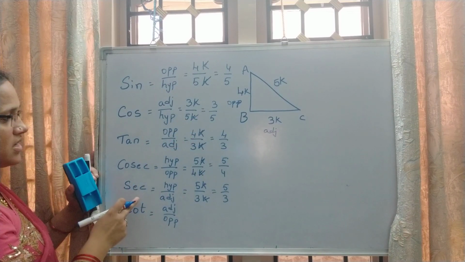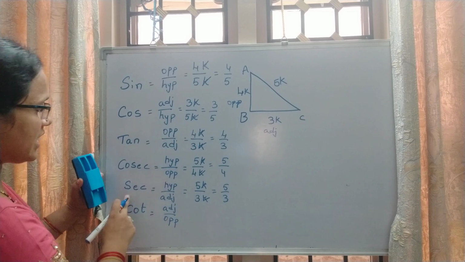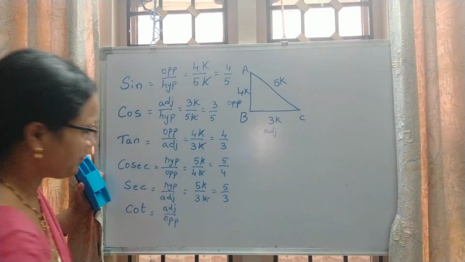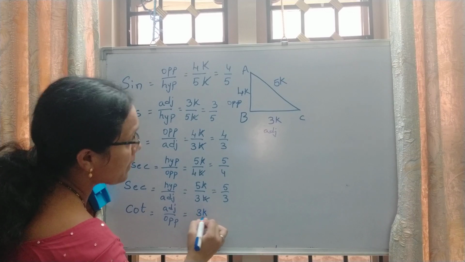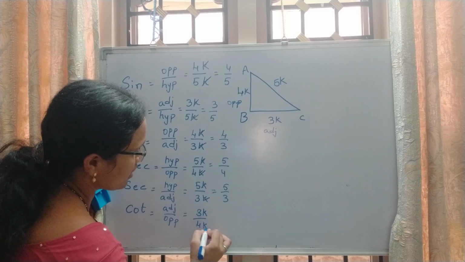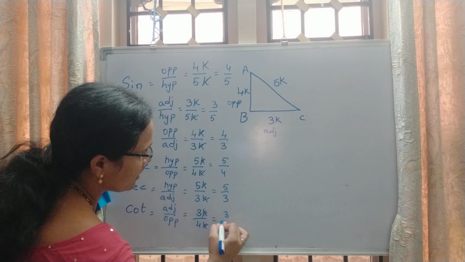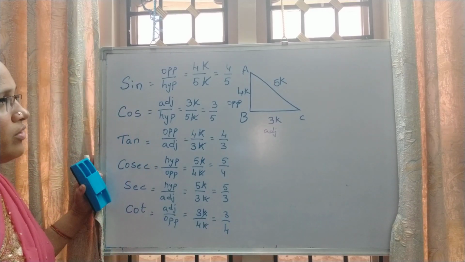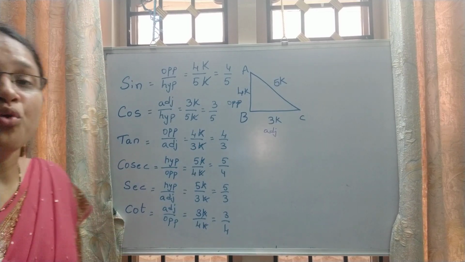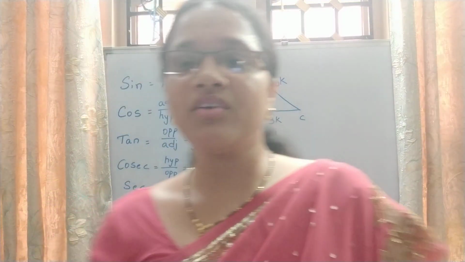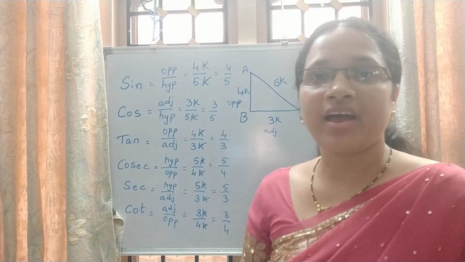Yes. So secant is the reciprocal of cos. Next, coming to the cot. 3k by 4k. If you cancel them, you'll get 3 by 4. Yes or no? Is this the reciprocal of your tan? Yes. This is how you find the trigonometric ratios from a triangle.